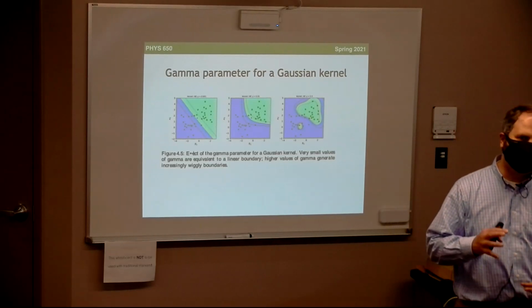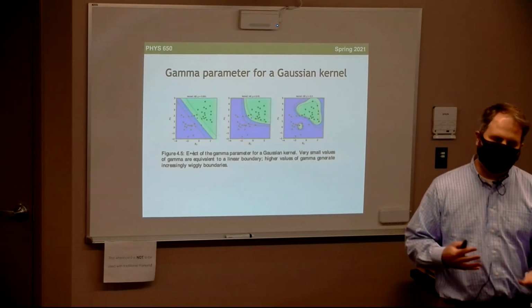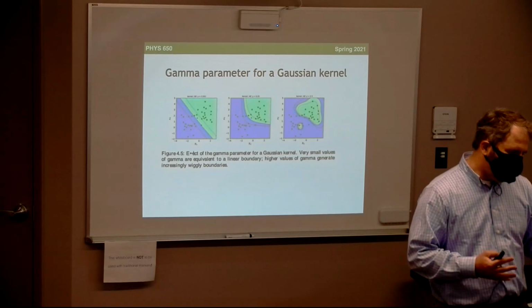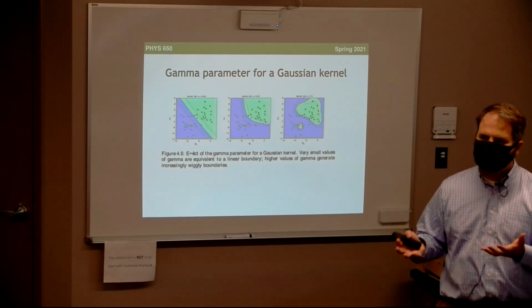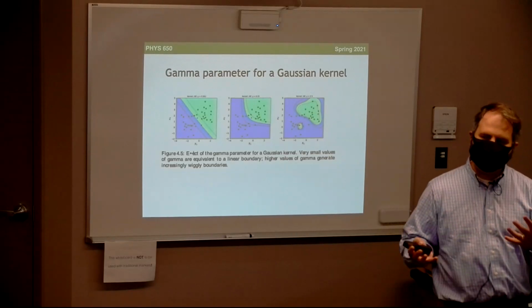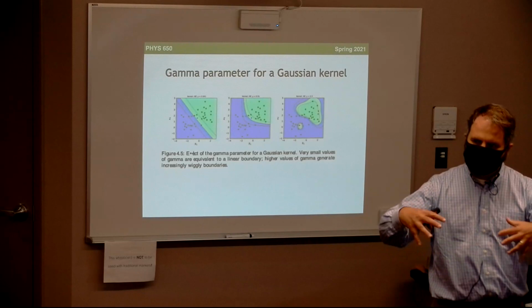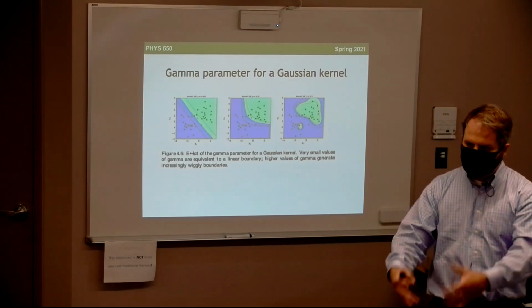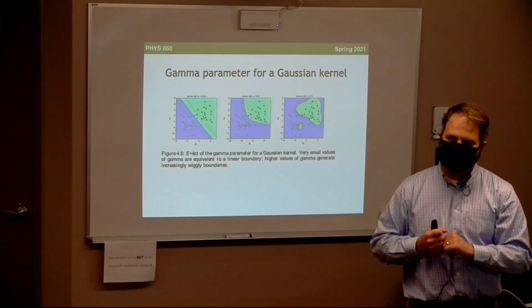This is how big the Gaussian is. If it's not a Gaussian, maybe you have another function, right? So there's a second hyperparameter. So there's two knobs we can turn. Same idea, same algorithm, just two that we can tune.